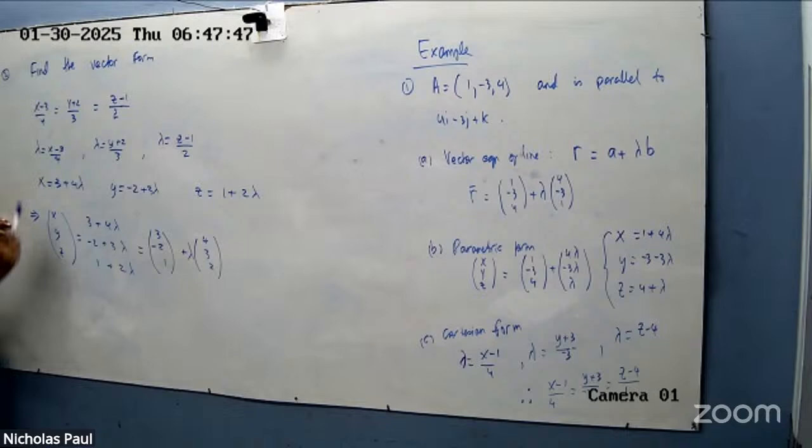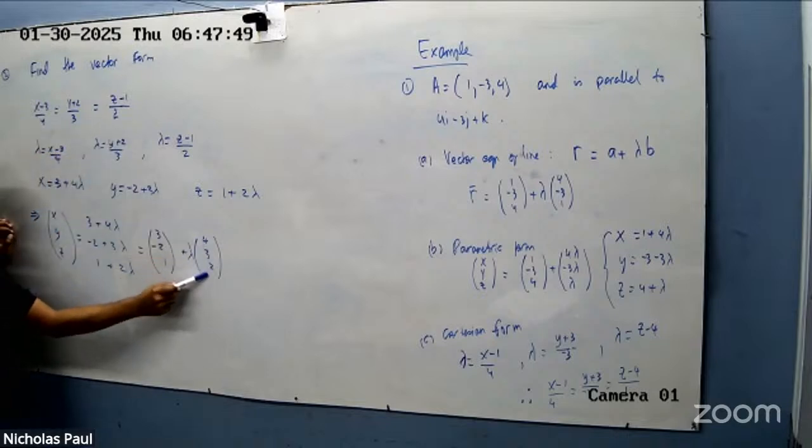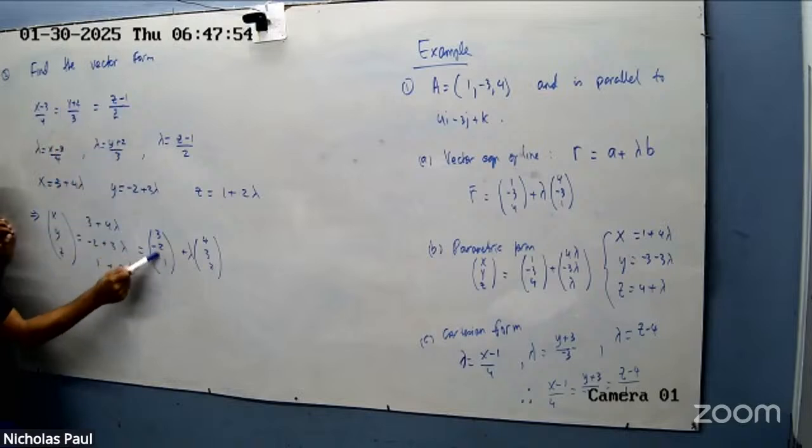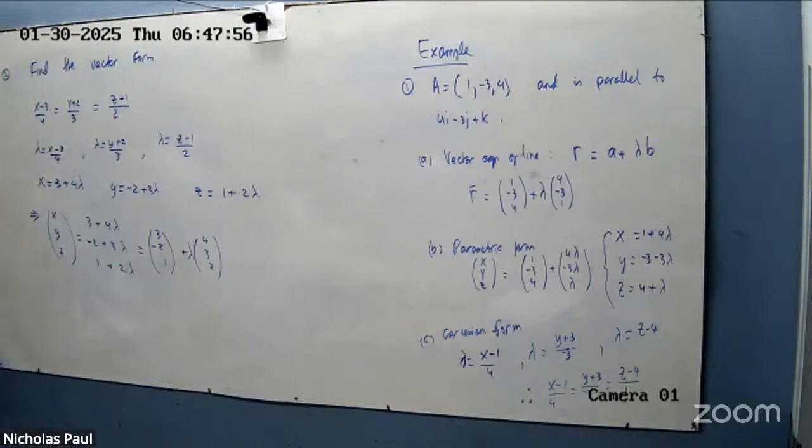You see that? Underneath here always gives the direction vector, and then changing the sign of these values will give you the point on the line. Okay?